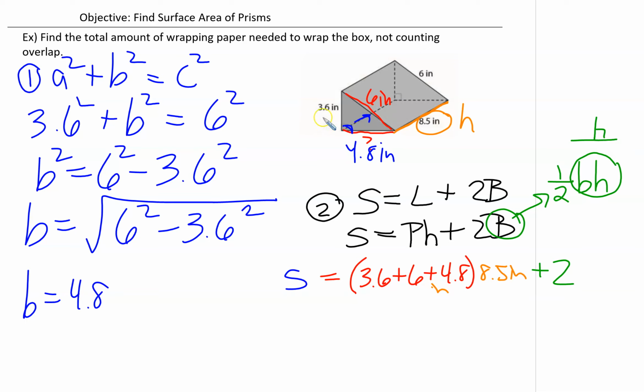So that means that the 3.6 and the 4.8 are the base edge and the height. So we have our 2, which is part of our formula, times our 1/2, times the 3.6 inches times the 4.8 inches, and that's going to give us inches times inches, which is square inches plus square inches, so we're in square inches.